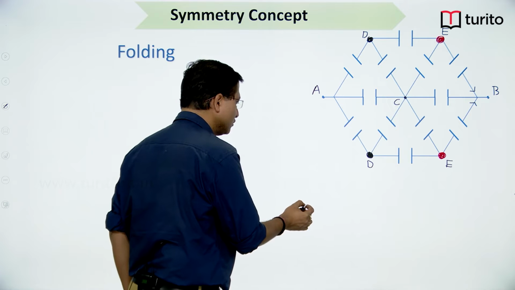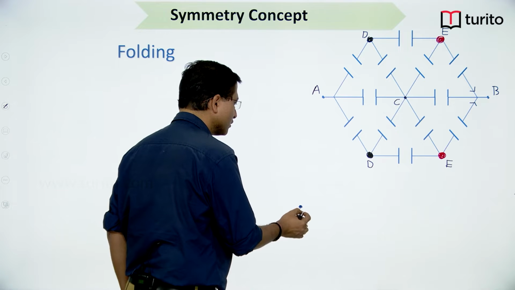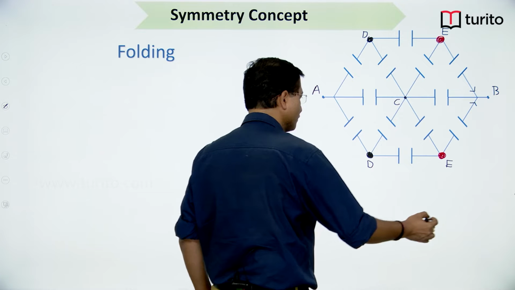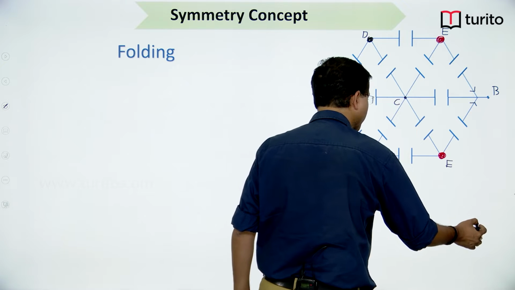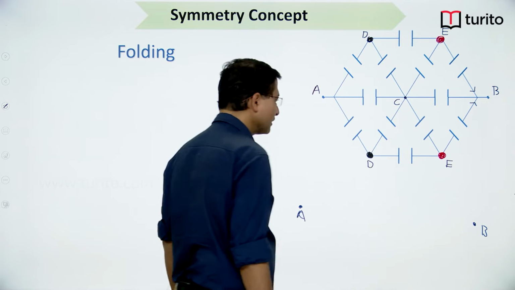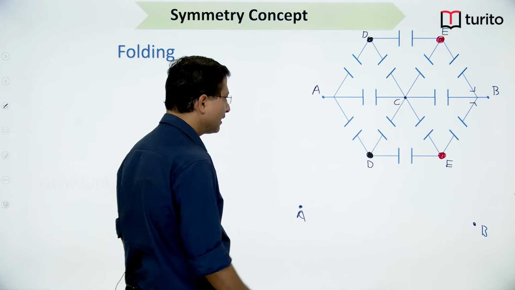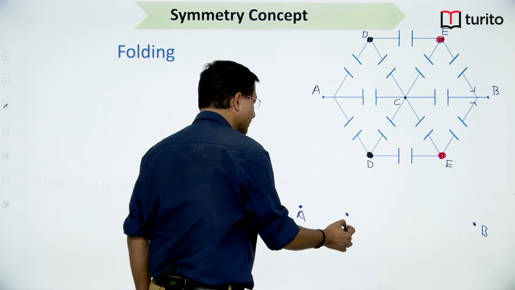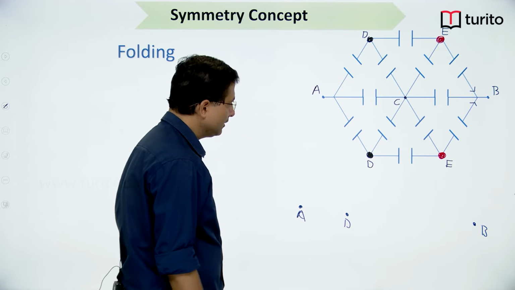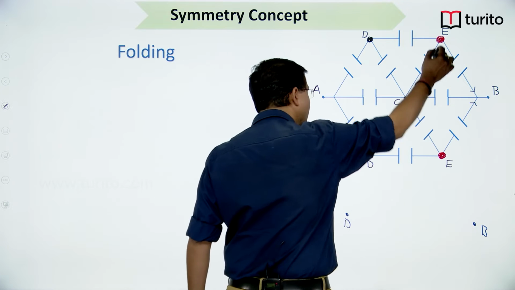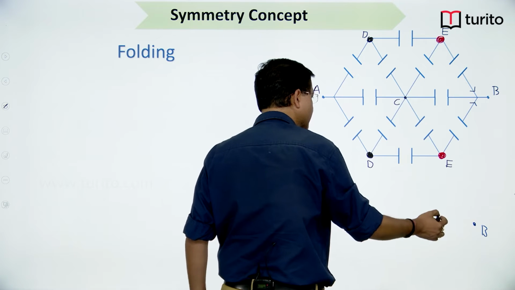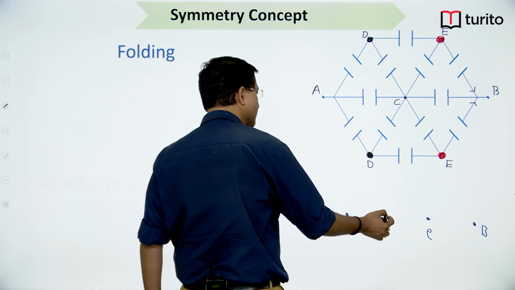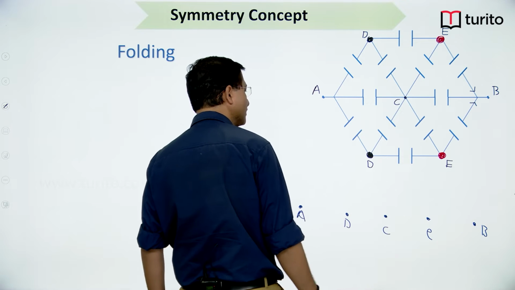So, I need to reach from A to B, and in between there are terminal D or junction D, then junction E, and then junction C, right.